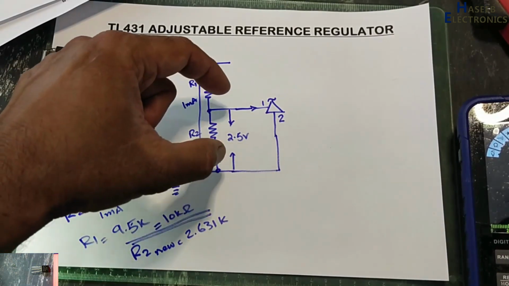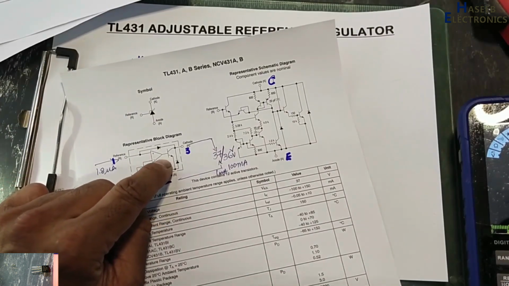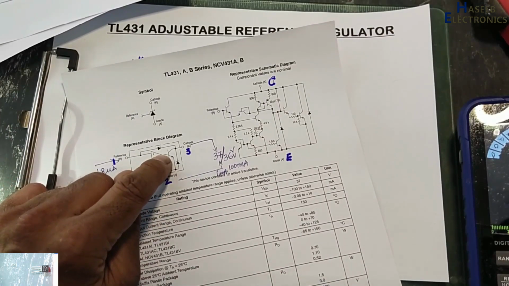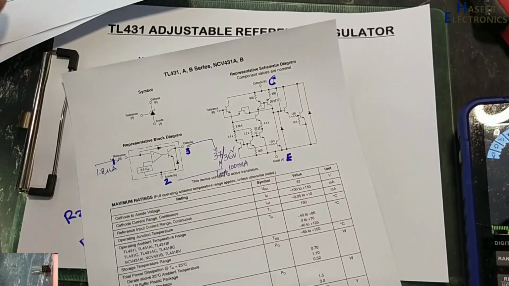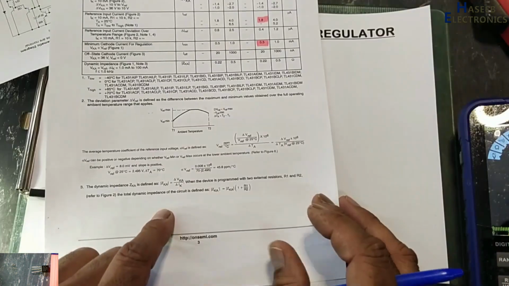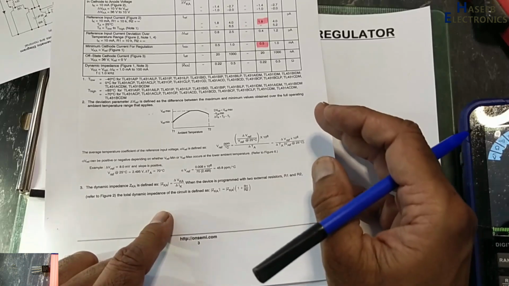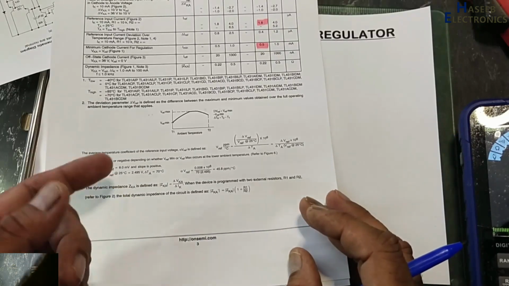When it receives 2.5 volts, it will turn on this transistor. When it turns on this transistor, there is zener impedance, that is cathode to anode impedance, that is also to be calculated.